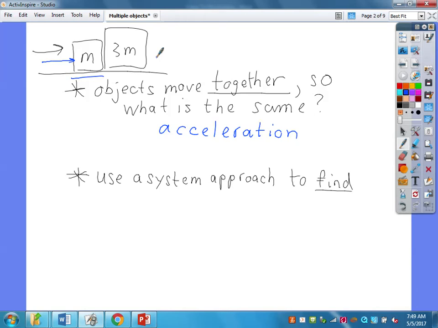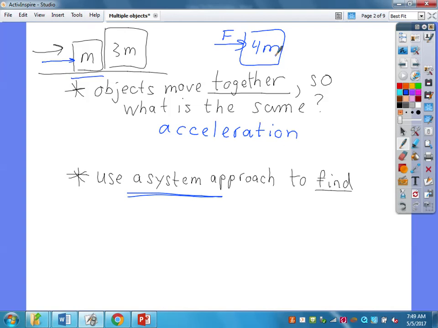And so in this basic problem, we're going to use the idea of the system approach again. In other words, look at this as a group. Look at this as one object that has a mass of 4m being pushed by a force F. It's going to be the exact same acceleration as a force pushing m, which is then pushed against 3m.